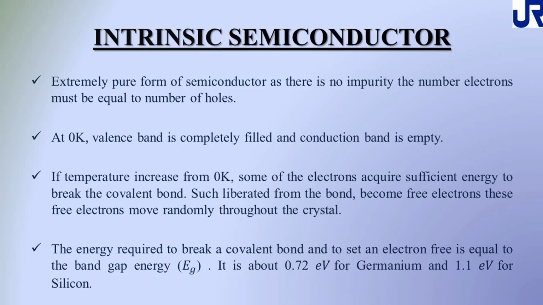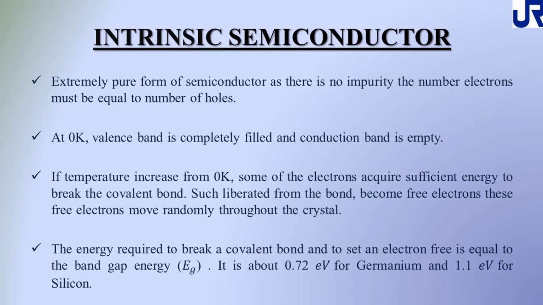Then next, based on the purity of semiconductors, we classify semiconductors into 2 types, that are intrinsic semiconductors and extrinsic semiconductors. The extremely pure form of semiconductor means there is no impurity.